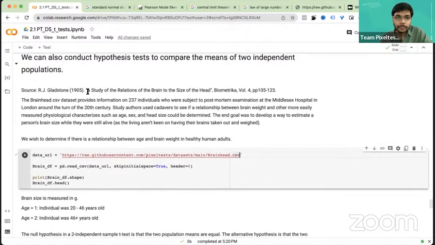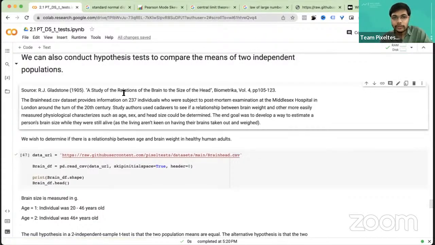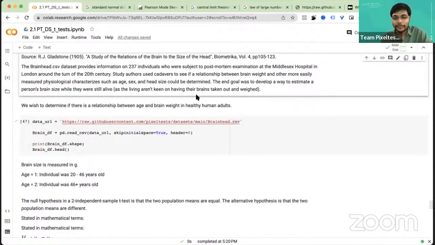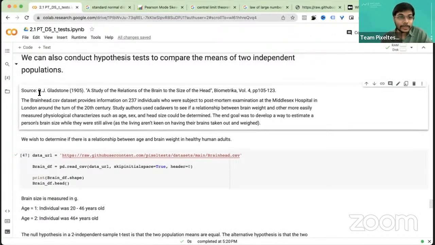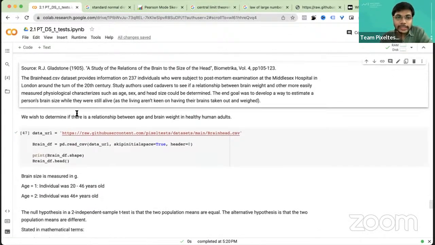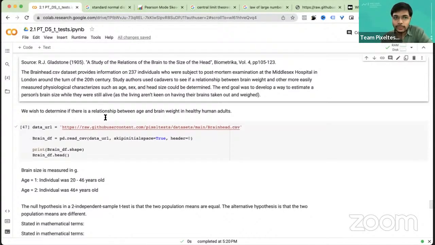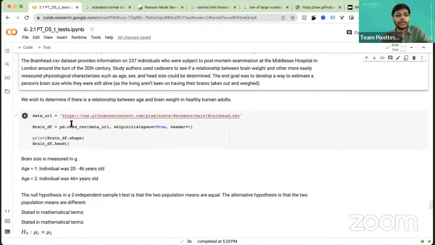The source is a study of the relations of the brain to the size of the head, so basically the brain size relating to the size of the head. Someone has done this study, R. J. Gladstone, in 1905. We wish to determine if there is a relation between age and brain weight in healthy humans, right? That is what we are going to do here.